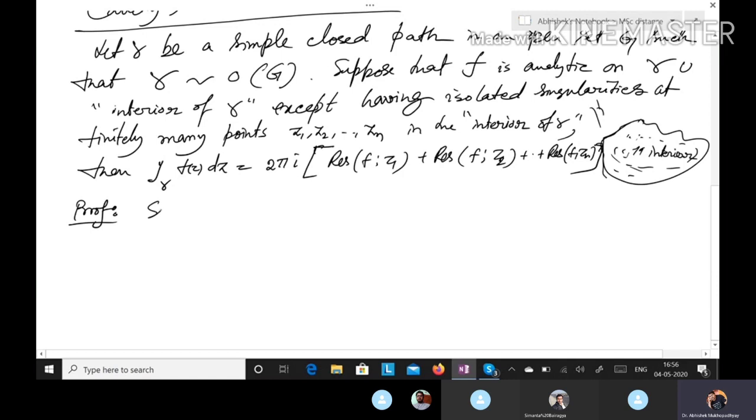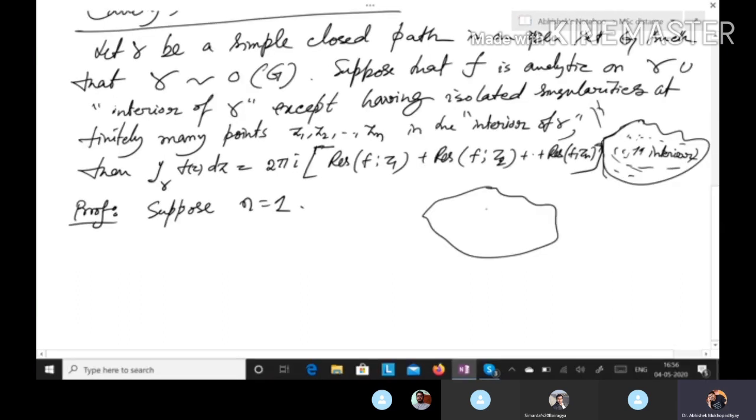Suppose we have only one isolated singularity, that is, n is 1. That is, f(z) has only one isolated singularity, say z1.